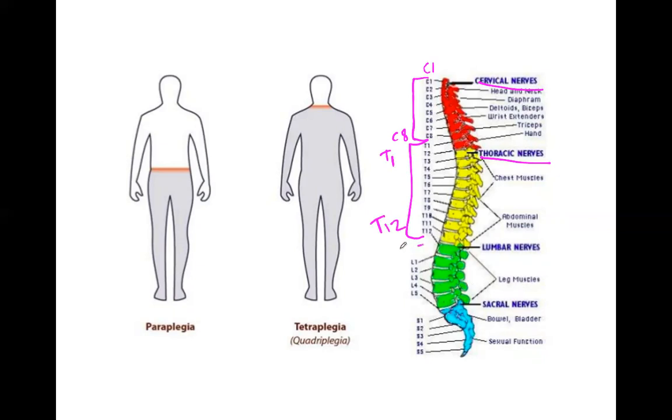In the lumbar or lower back, there are 5 of them, and you do need to know the number, L1 to L5. Then 5 are associated with your sacral region, S1 to S5, and then 1 that is not labeled here, coming from the coccyx, called the coccygeal nerve, or C1. If you add them up together, you have a total of 31 nerves.